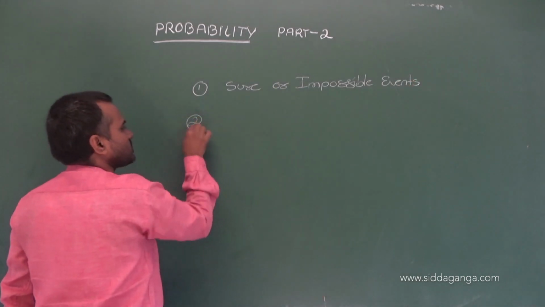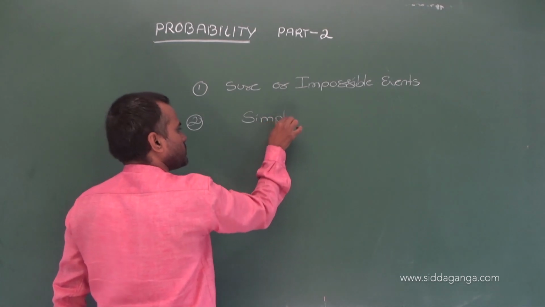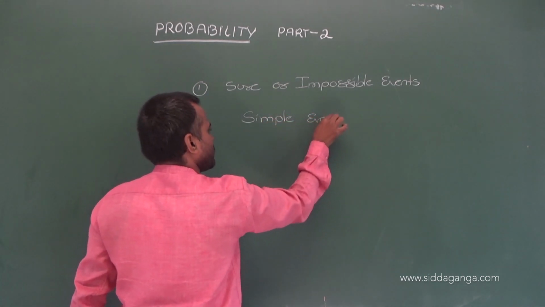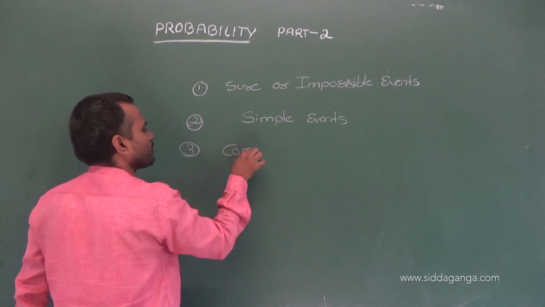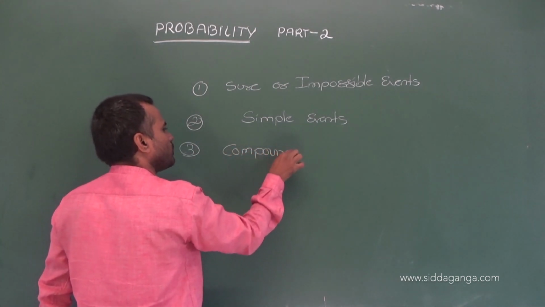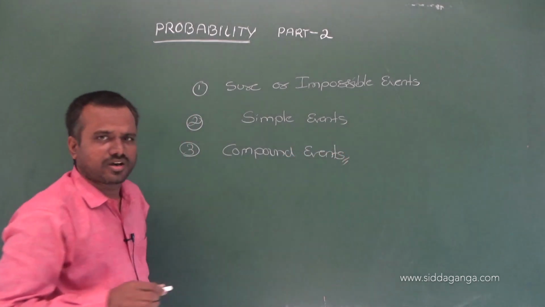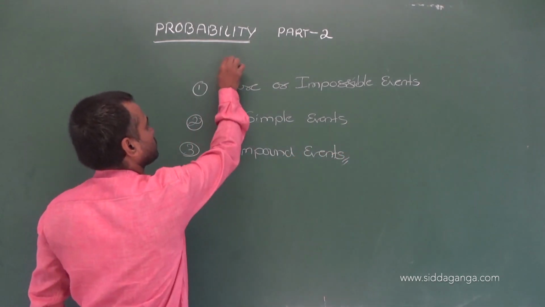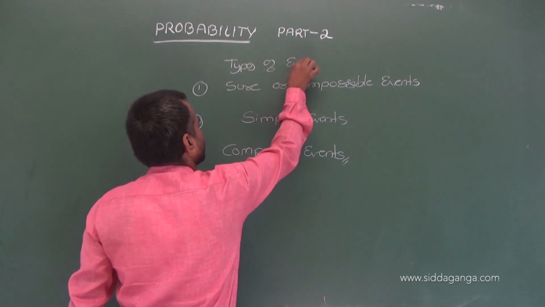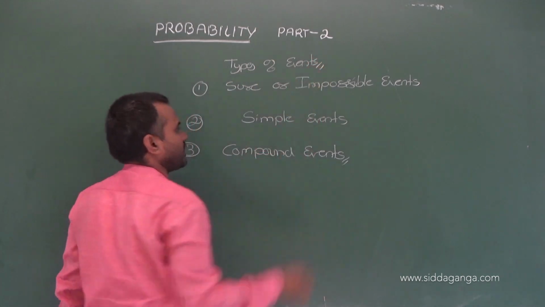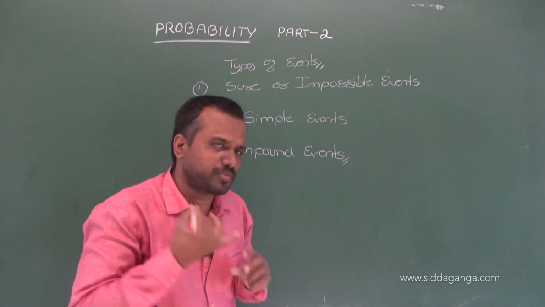The second one is simple events. Third one is compound events. These three are the types of events.